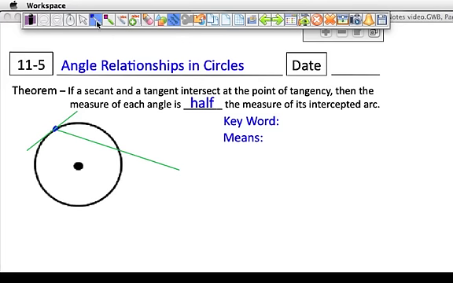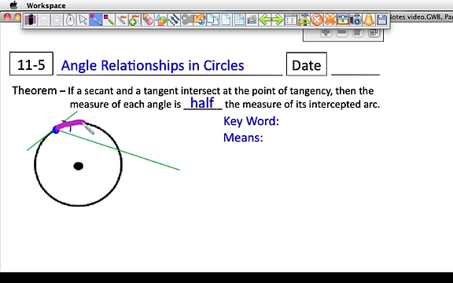Now, that's a lot of words, but really it's saying the same thing that you already know. When an angle is right on the edge of the circle, then the angle here is going to be half of the arc. Here's the arc. Remember, it's every piece of the arc that's inside the edges of the angle.